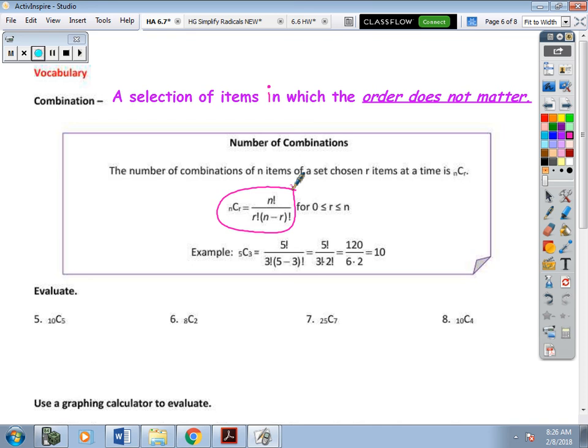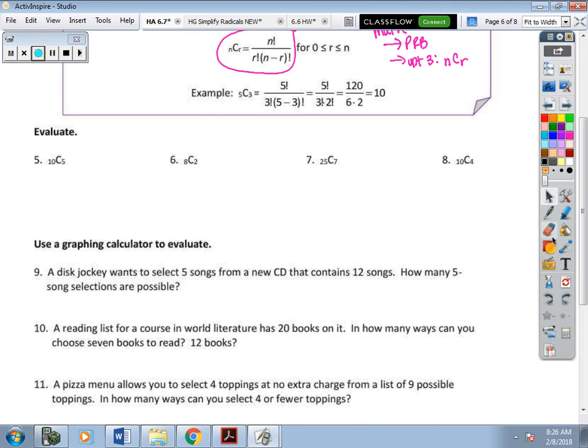Okay? And of course, this is still in your calculator under the math, arrow to probability, and this time we would choose option 3, which is our nCr. Okay, let's do the first one with the formula, and then I'll let you guys do the other ones in your calculator.